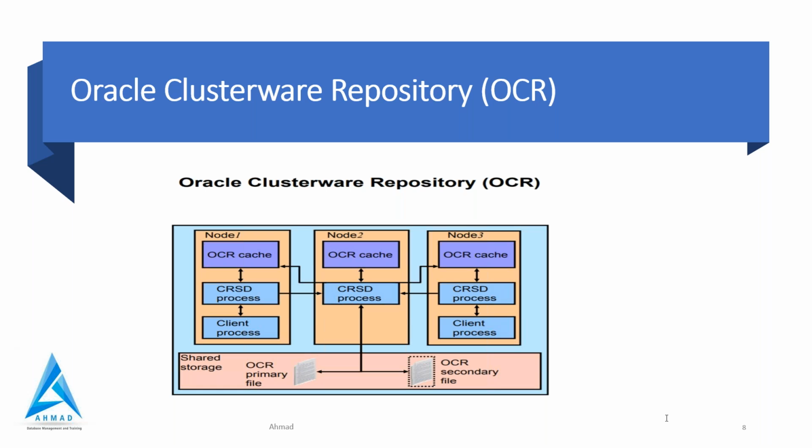Hi, Ahmad. I just want to know why in node 2 there is no client process. It is there, but because of this diagram arrow, they didn't add it. When they put it here, you feel that the client process is writing, but no, the CRSD process is writing in OCR.